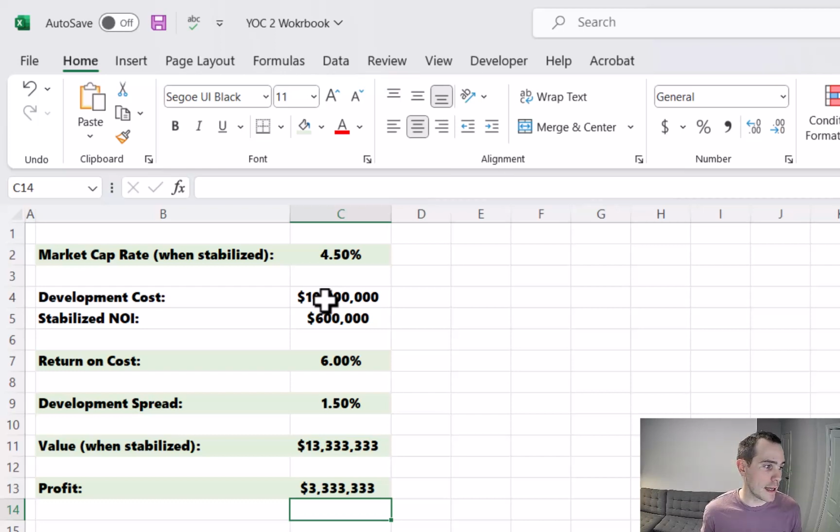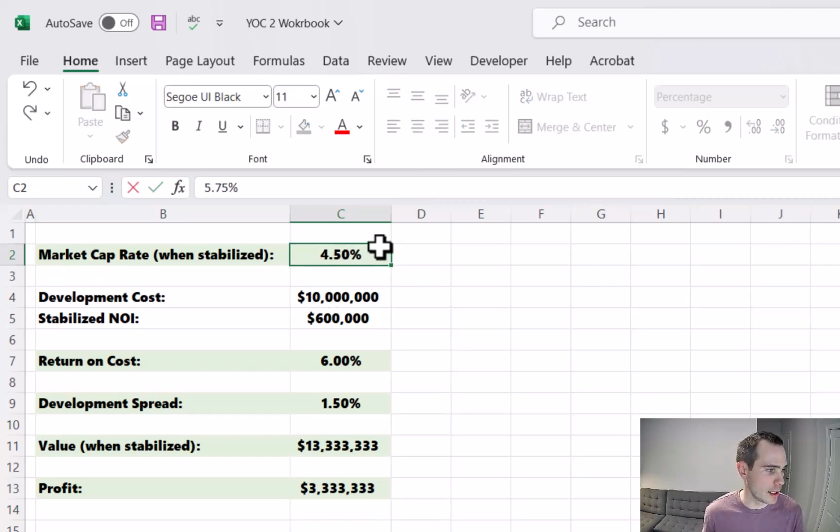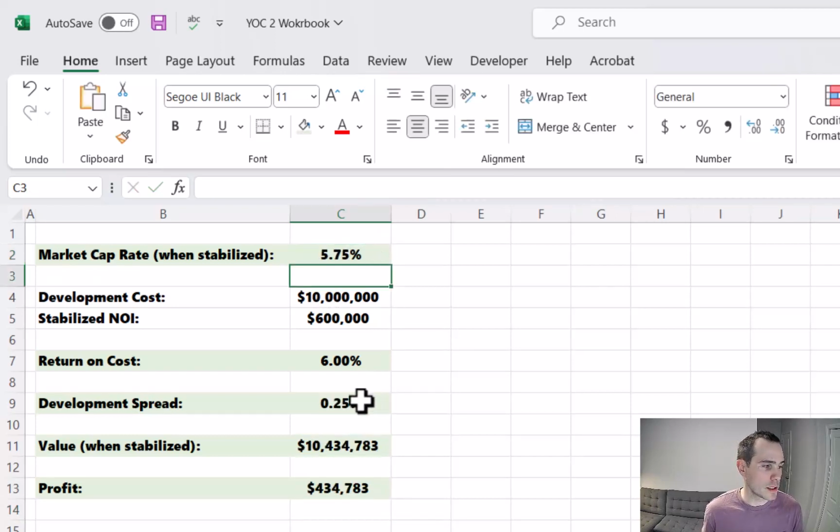But what if instead the market cap rate was a 5.75 cap? So we change this variable here. You can see the development spread now decreases to only 0.25%. And the value when stabilized would be about $10.4 million. If the development spread was only 25 basis points or 0.25%, would the risk of developing a property be worth $434,000?